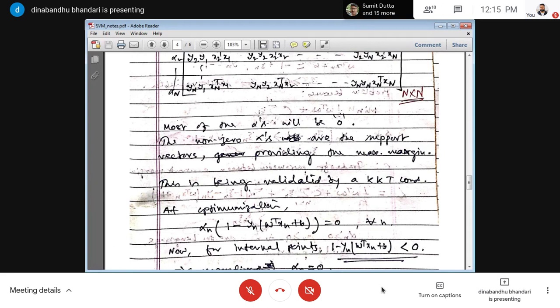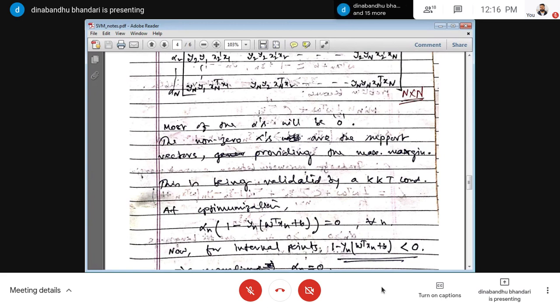So 1 minus this will be strictly less than 0. So this expression is strictly less than 0 for the interior points. Then alpha n has to be 0. That's why for all the non-boundary points, alpha n is 0.